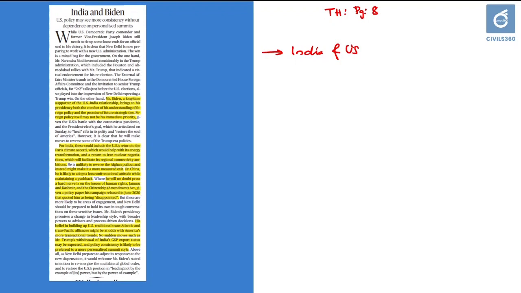In this section, this is from the Hindu page 8, that is editorial page. Just understand what will be the strategy of US. Okay, you understand whether US strategies in the coming period will be better for India, or how it will change the relation between India.